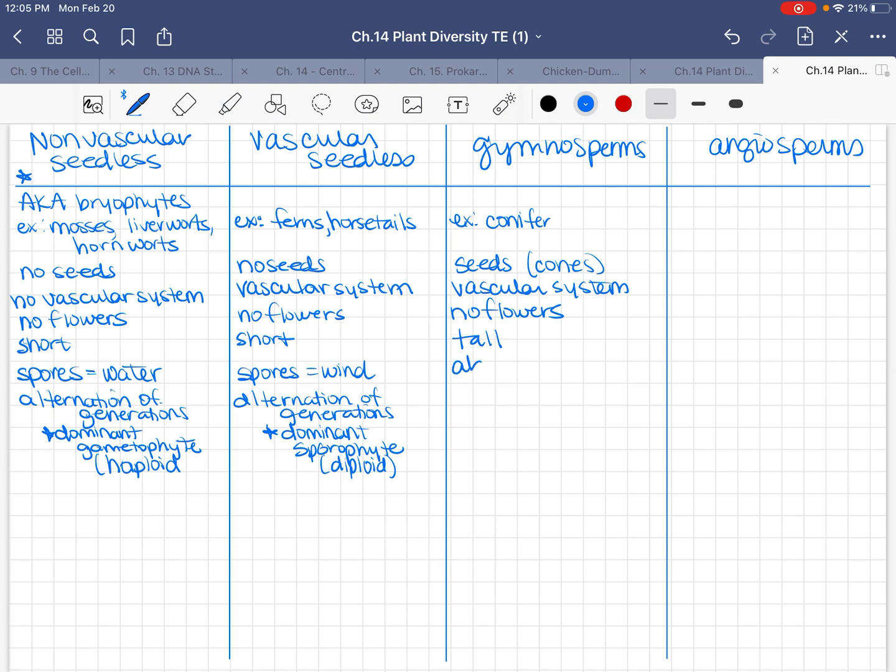They were also able to move away from water. They don't have the alternation of generations, but we did learn about seeds and how our seeds have endosperms for nutrition.